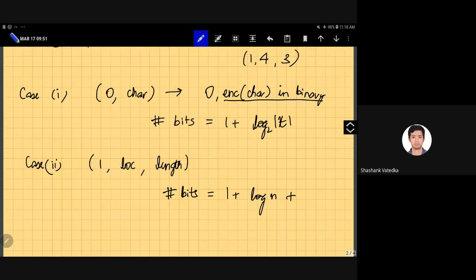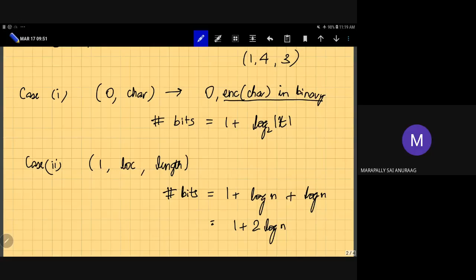So it could be as large as log n, or some constant times n, right? So in the worst case, this would be roughly 1 plus 2 log n. Right? So this is the number of bits that would be required in order to store a particular phrase.